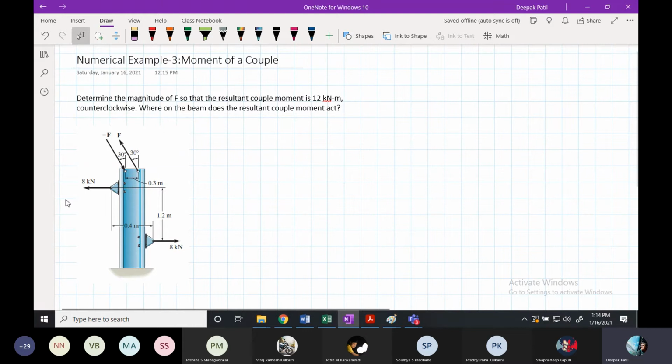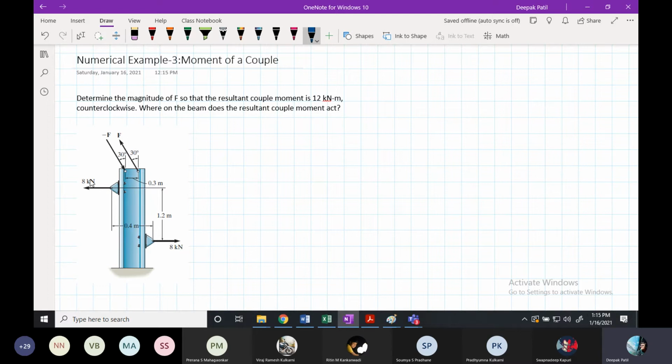The resultant couple because of all these forces is 12 kilonewton meter, counterclockwise, meaning anti-clockwise. So what should be the force F acting to get a resultant couple of 12 kilonewton meter which is counterclockwise? It looks tedious, looks complicated, but it's a very simple numerical example. Okay, now let me just do that.